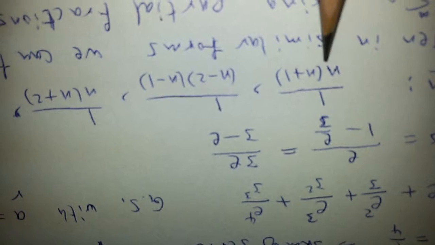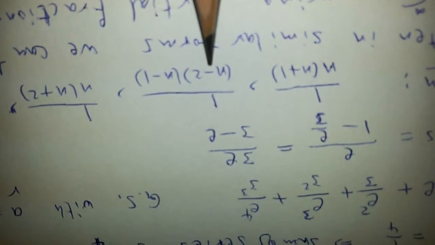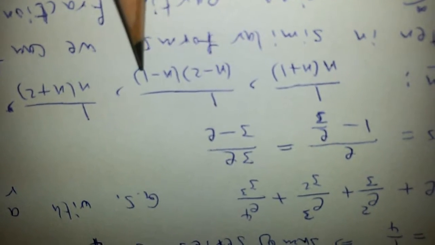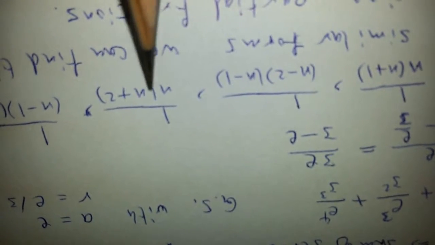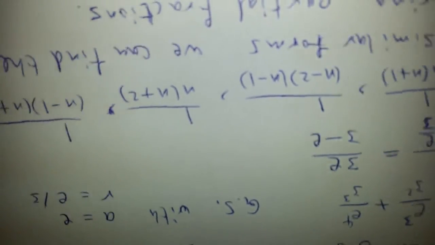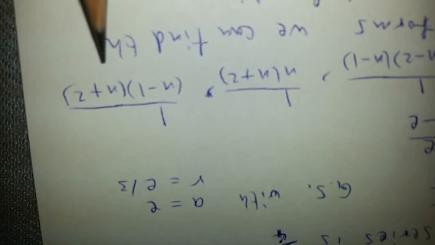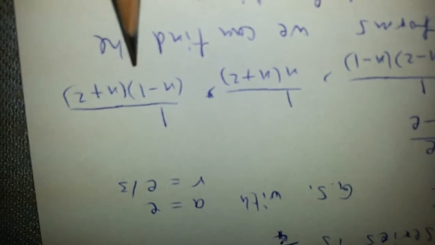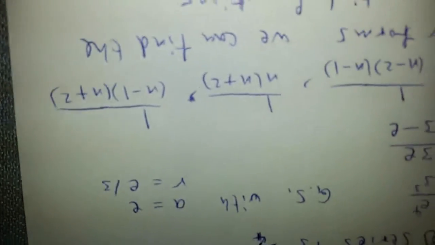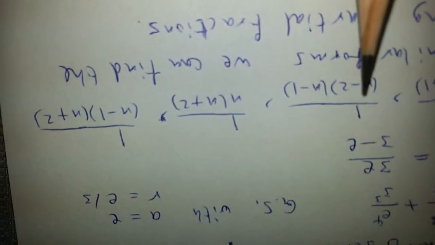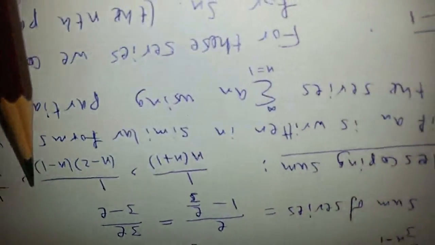Here the difference is 1. Here the difference is 2. n minus 2, n minus 1, the difference is 1. But here the difference is 2. There is n plus 1 between them. Here the difference is even 3 because n minus 1, then n plus 1, then n plus 2. All of these are called telescoping sums. How? Let us see the meaning.